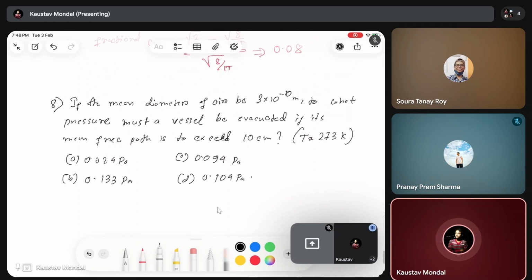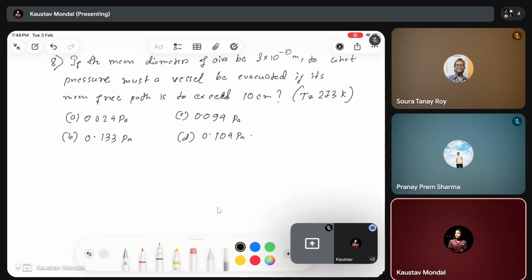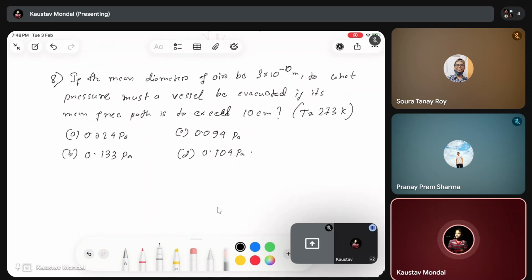So the question is like, in the air, air molecules are there. The air molecules mean diameter is mentioned. So in the question itself, it's mentioned what should be the pressure of that vessel where the air molecules are, so what pressure we should exert in the vessel in order to make the mean free path among the gas molecules exceed 10 centimeter.